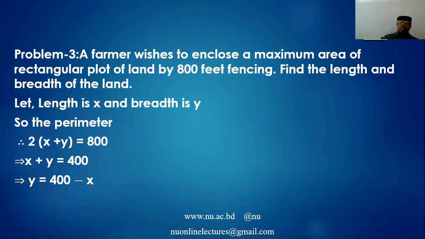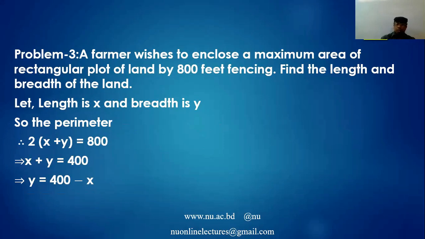After simplifying, it will be x plus y equal to 400 and y is equal to 400 minus x. So my dear students, this is the value of y, and it is coming from the perimeter formula.